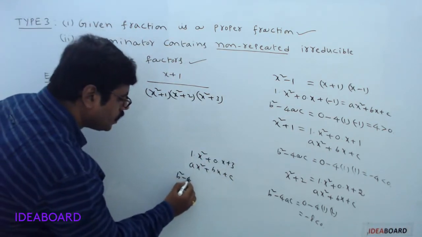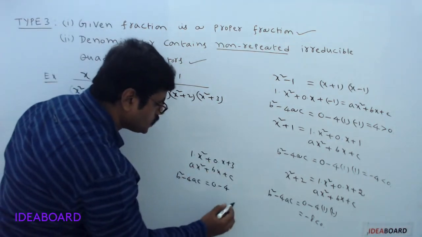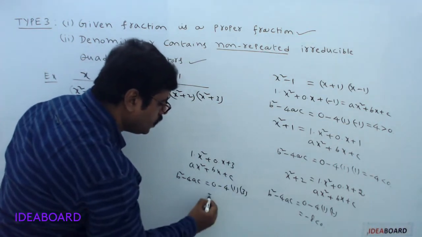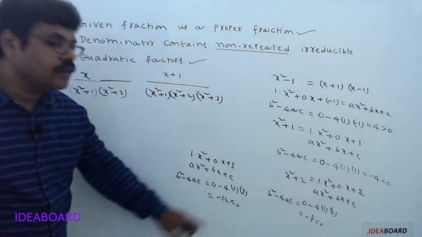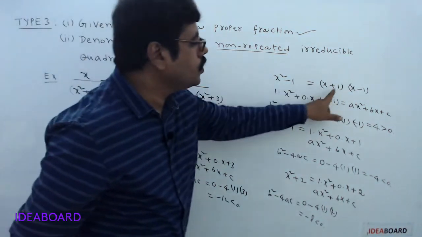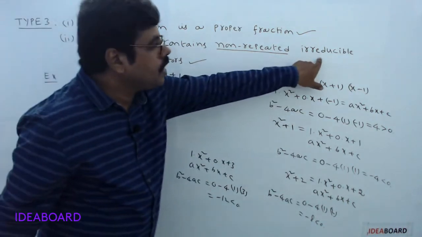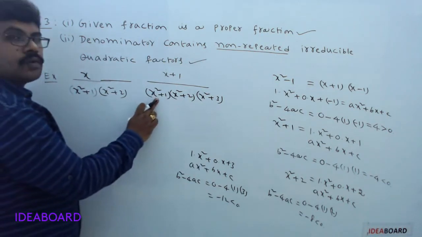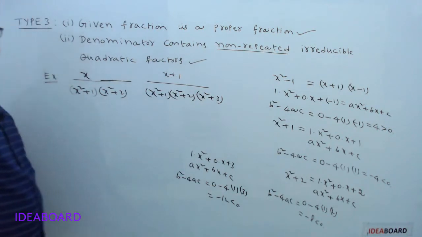Discriminant is b square minus 4ac, that is 0 minus 4 into 1 into 3, which is minus 12, less than 0. Discriminant negative means we cannot factorize this expression into a product of two linear factors. So it is also an irreducible quadratic factor. All three are irreducible quadratic factors.